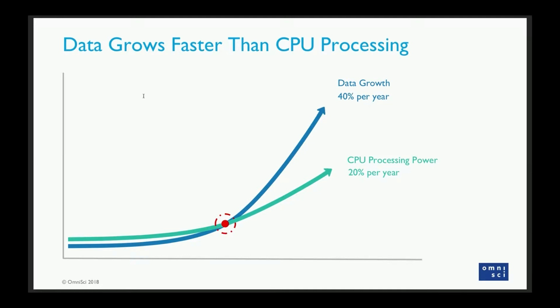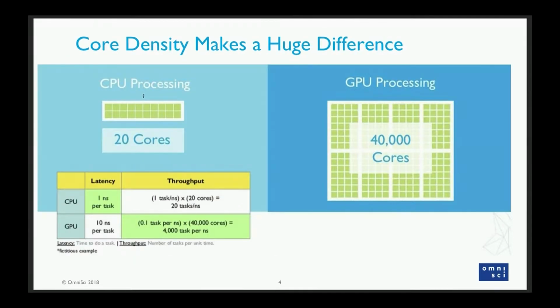And this is a chart showing an Intel or AMD CPU's year-over-year performance growth versus the growth in data. Clearly there is a huge gap between the two. We think that gap is going to be narrowed by GPUs.